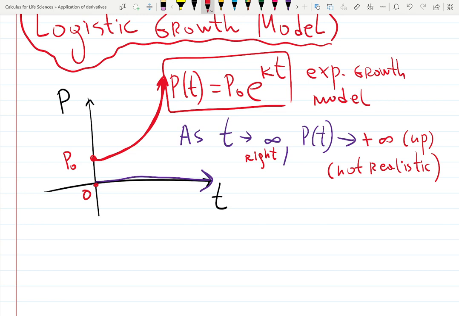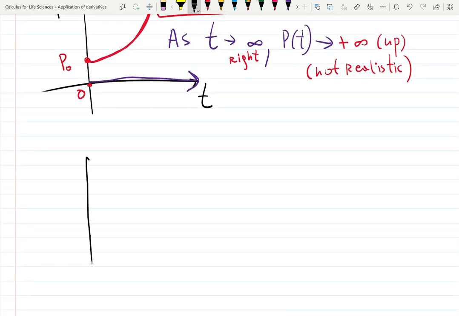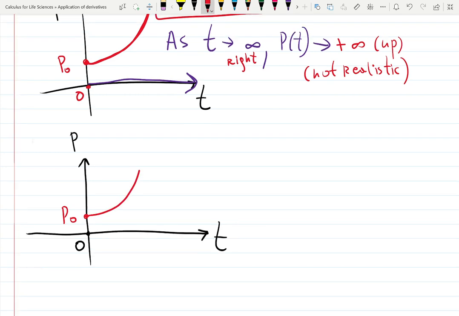So that's why the logistic model was introduced. The logistic model has some roof on this growth, or a stopping mechanism. It starts exactly the same. Let's start with P sub 0. Let the bacteria grow. Input is time, output is P. At 0, we have some initial value. It will be growing exponentially, just like before, like so.